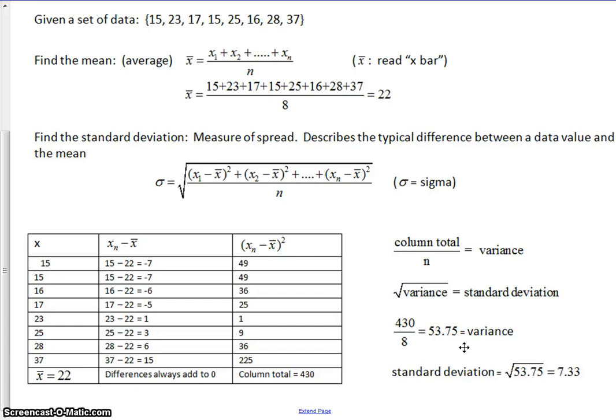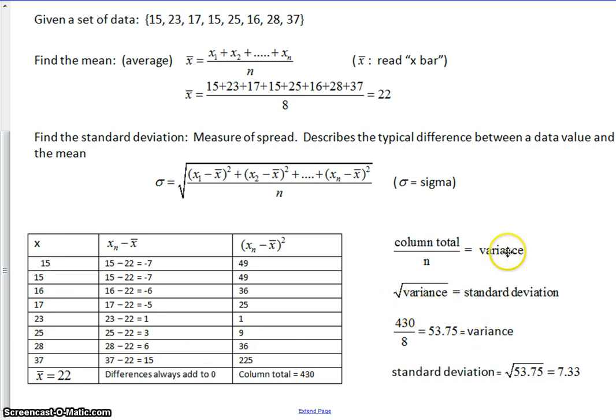We are going to assume that we always have all values for all the problems we're given, so we have a finite set. We take that column total of the squares of the differences and divide it by how many numbers we had originally, and that's my variance. This is the average of the squared differences of all the values that we started with.